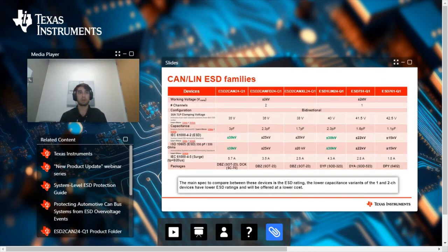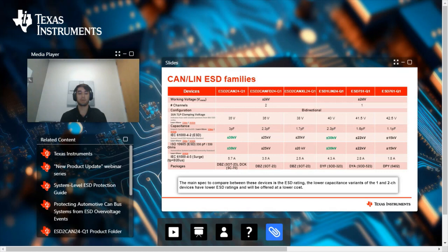So moving on to the CAN and LIN ESD families. Here's the overall summary of these families. And the main spec to compare between these devices is the ESD rating. The lower capacitance variants of the 1 and 2 channel devices have lower ESD ratings, so they're going to be offered at a lower cost, and consequently the lower cap options are going to have lower surge current ratings and slightly higher clamping voltage.